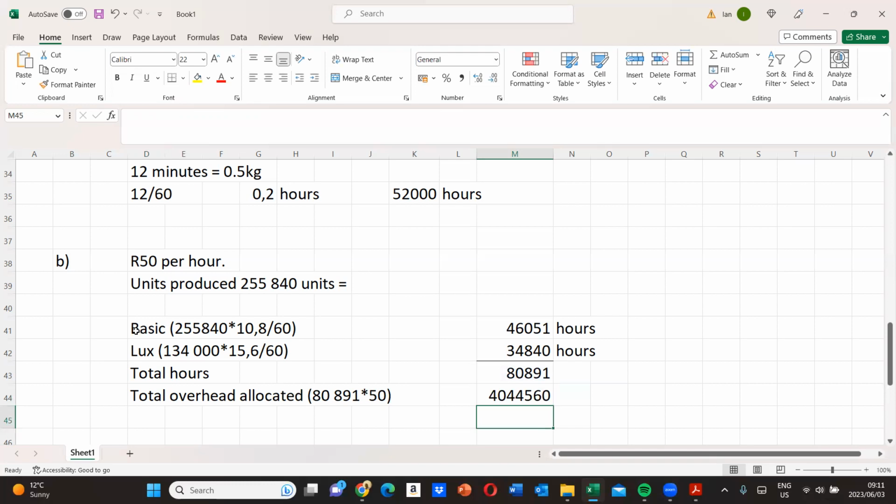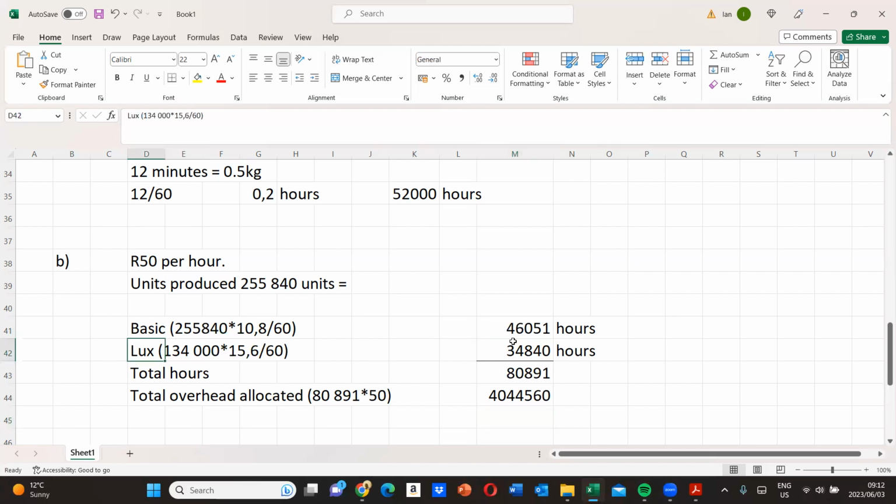Or alternatively, someone could have just said Basic: you get the 4651 hours, you multiply by 50. The actual number of hours which we spent on Basic, and the rate per hour is 50 rand. So the total rand value allocated to Basic, you can just multiply by 50, and it gives you the same.